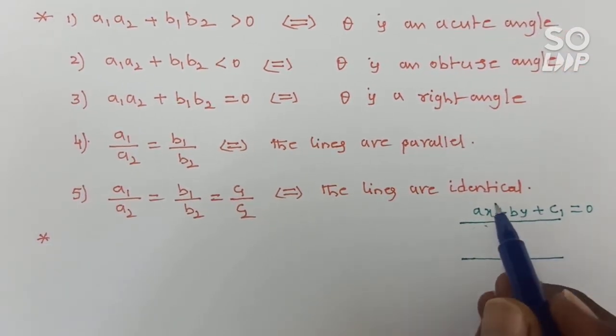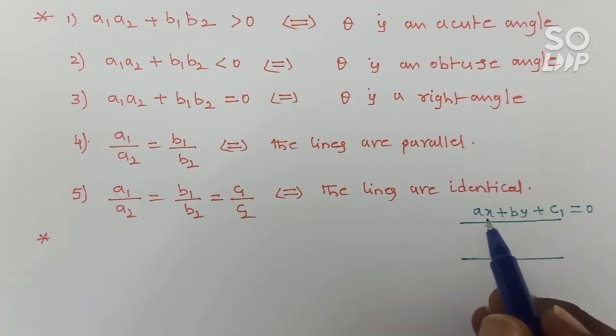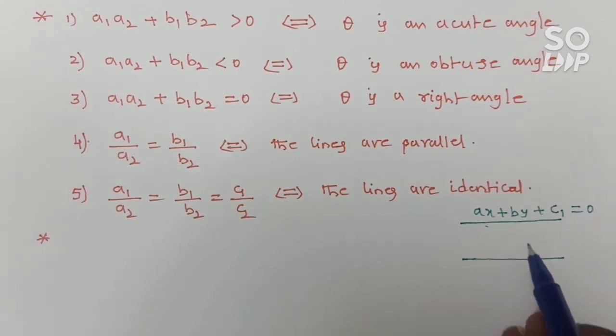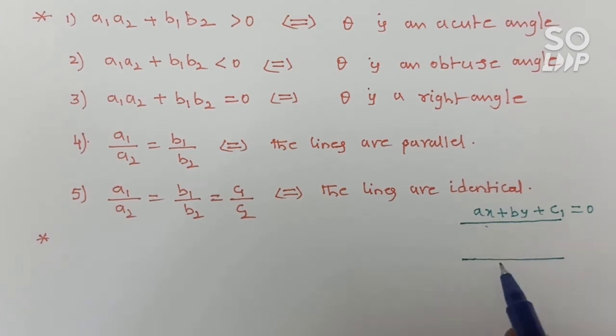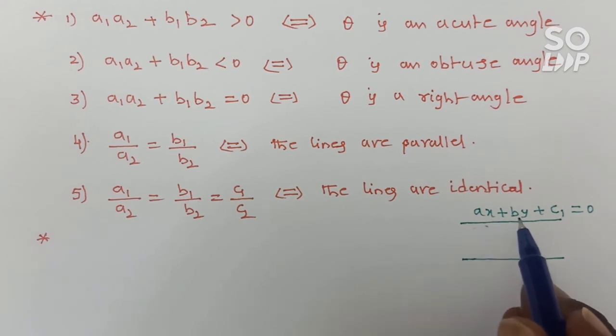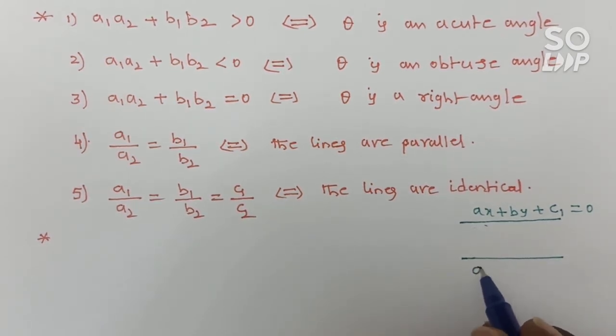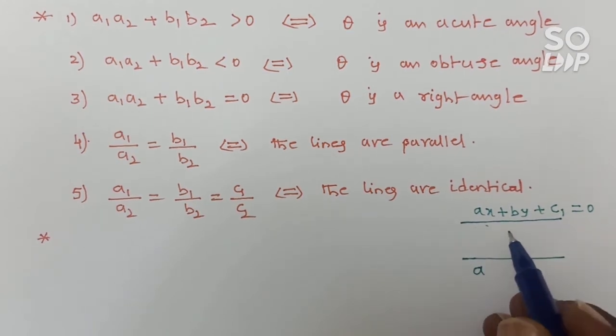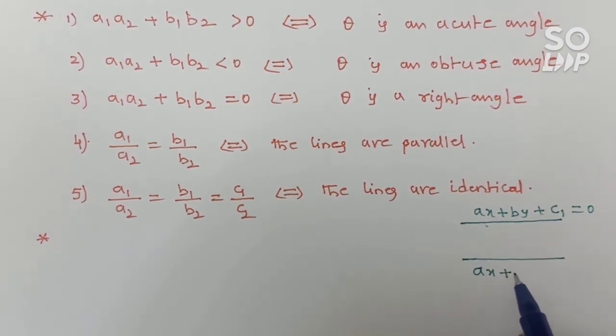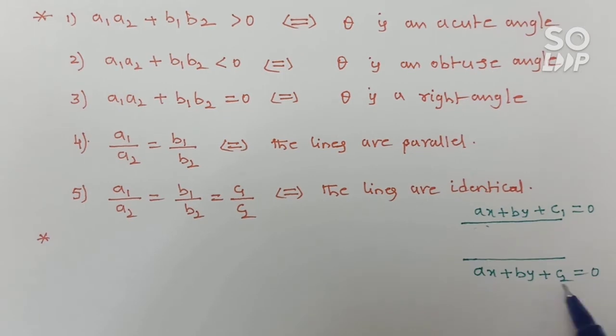What is the slope of this equation? Minus a by b. So the second line, which is parallel to this one, will also have the same slope, minus a by b. So to get the same slope, the x coefficient and y coefficient must be the same, and the difference will be only in the constant. So the equation of any line parallel to the given line is ax plus by plus k is equal to 0.